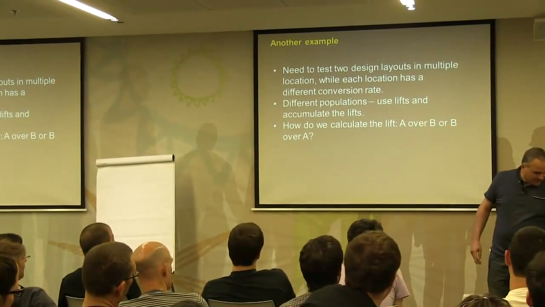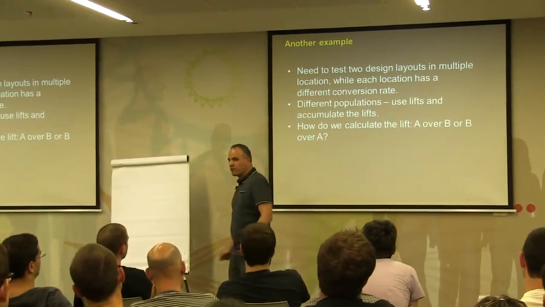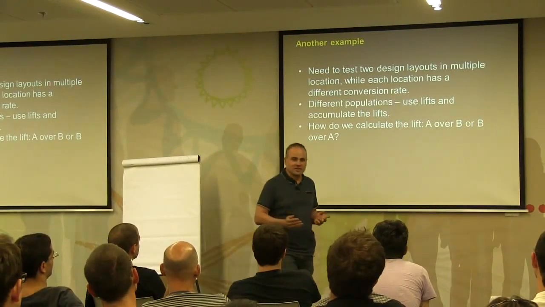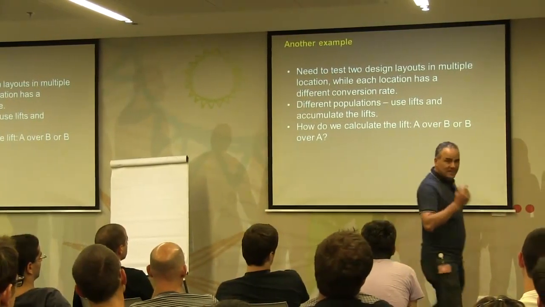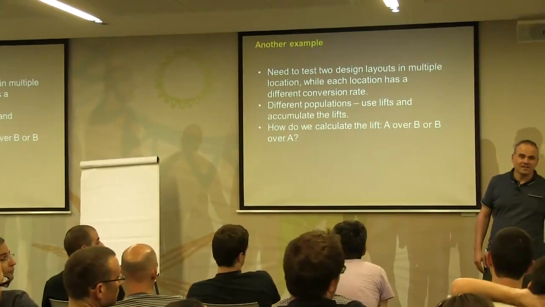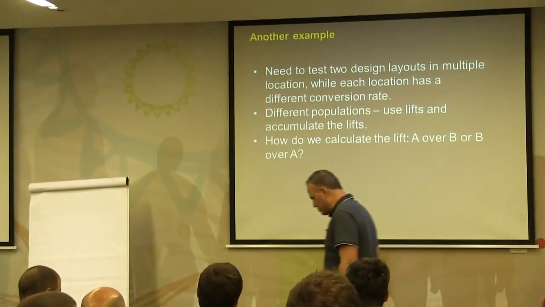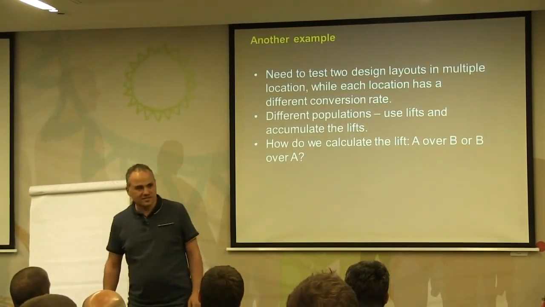Okay. So the correct answer is that both are wrong. A over B and B over A both are wrong. Why is that? You want to explain? Is there a chance of hitting Simpson's paradox here? That's not because of the Simpson paradox.